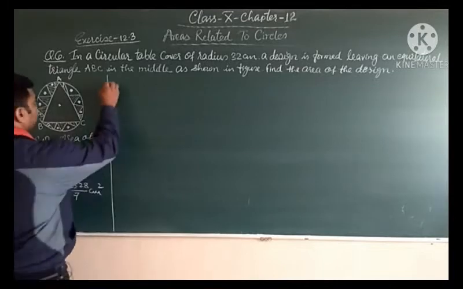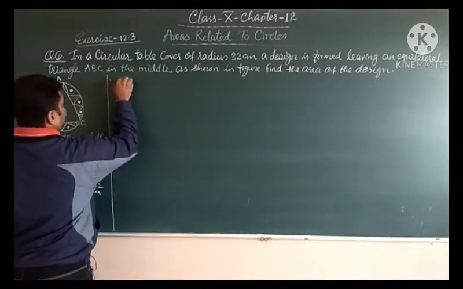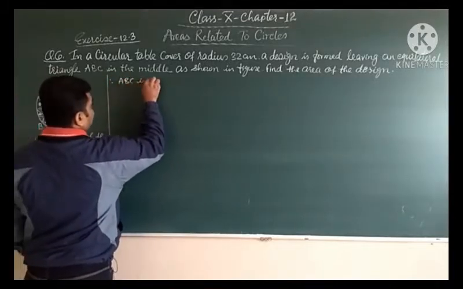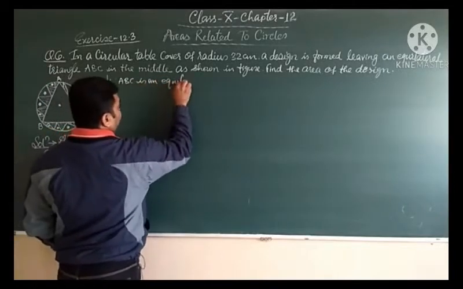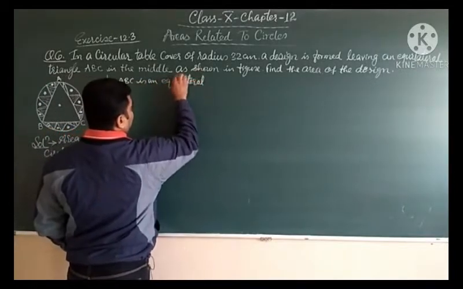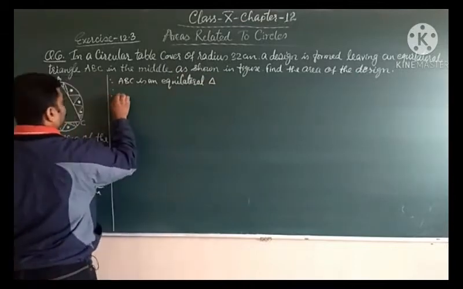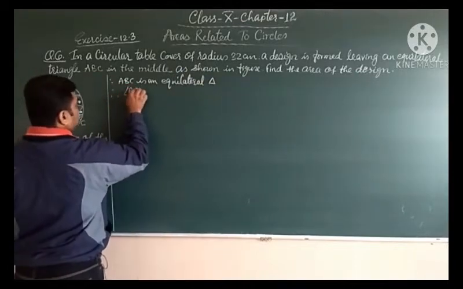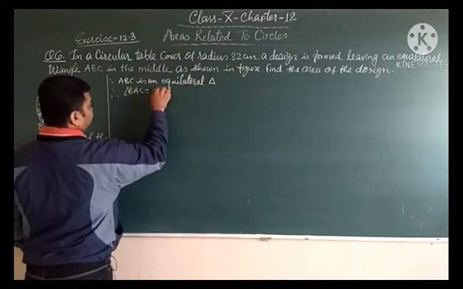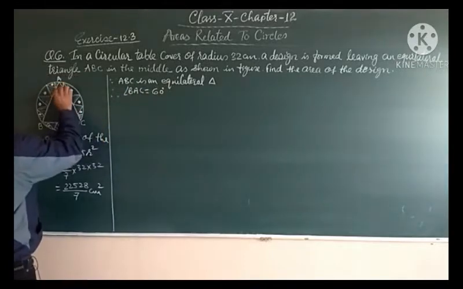Now, since ABC is an equilateral triangle, therefore angle BAC is equal to 60 degree. This angle is equal to 60 degree.